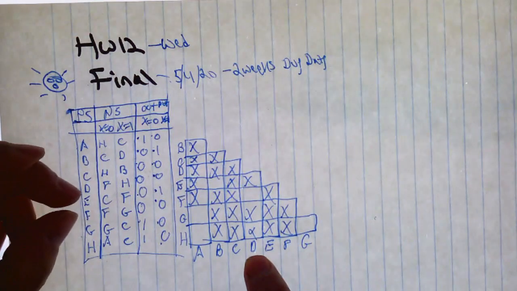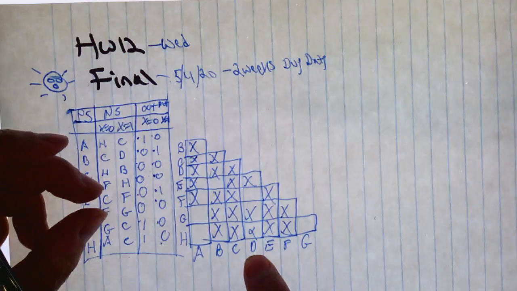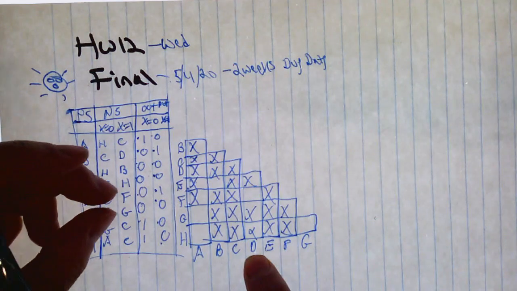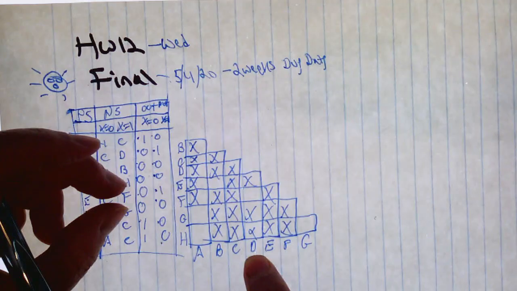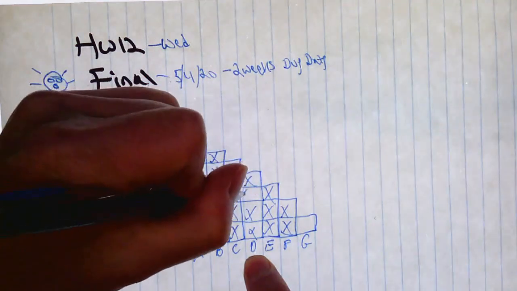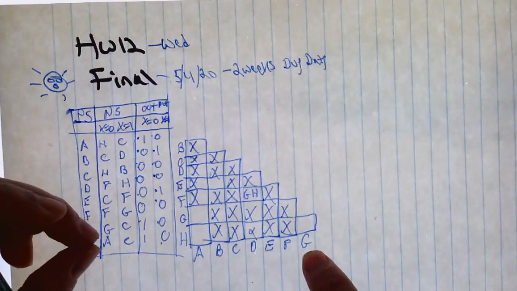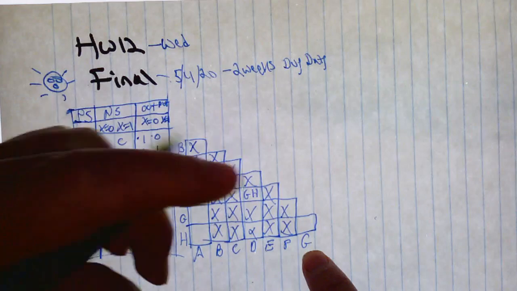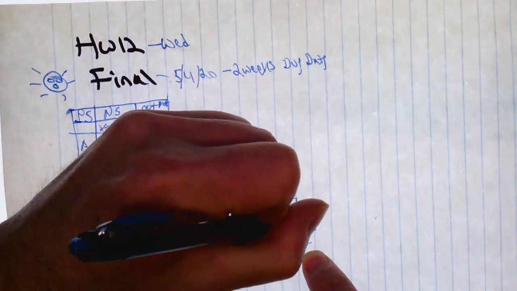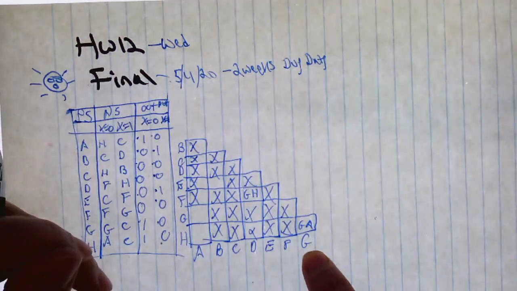D and F. D and F is true if F is equal to F. That sounds good. If G is equal to H, we don't know about that one. Let's see. Could G be equal to H? Maybe. Let's look. So G and H are true if G is equal to A and C is equal to C. So this requires G be equal to A. Is G equal to A?